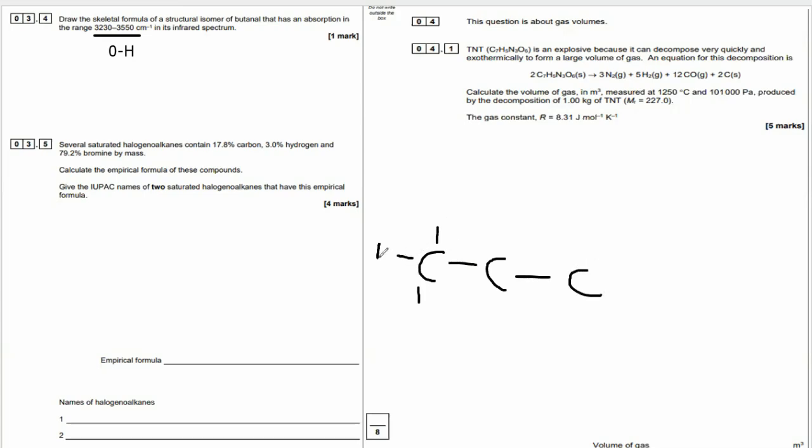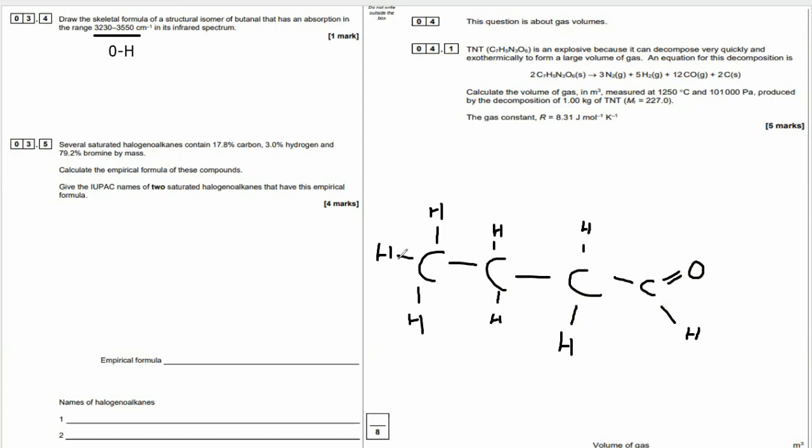So if we quickly draw out butanal, you should be able to do this. The but means that there are 4 carbons. Quickly draw out the hydrogens around it like this. Remember, it's an aldehyde, so it has this carbonyl group and then just a hydrogen off there, and that makes those 4 bonds around it.